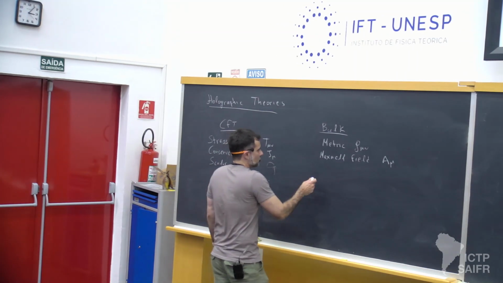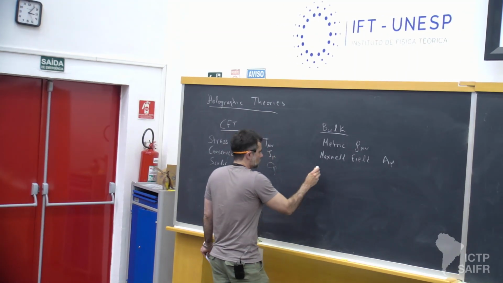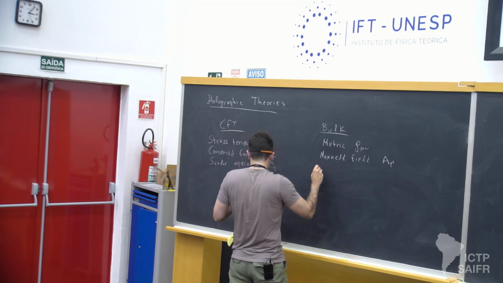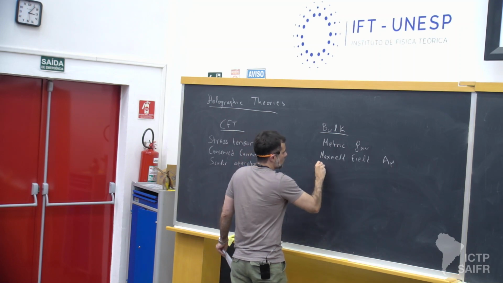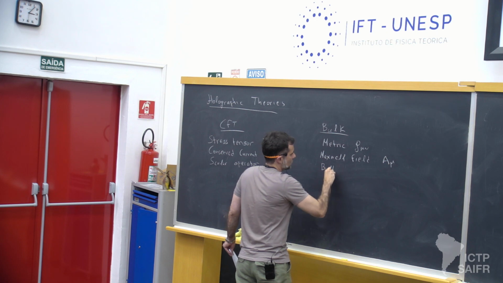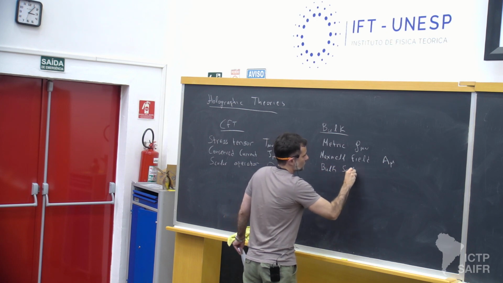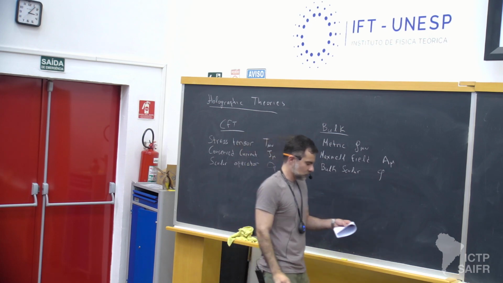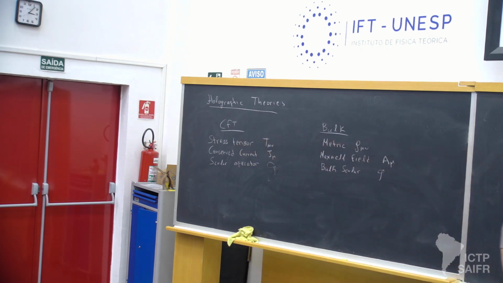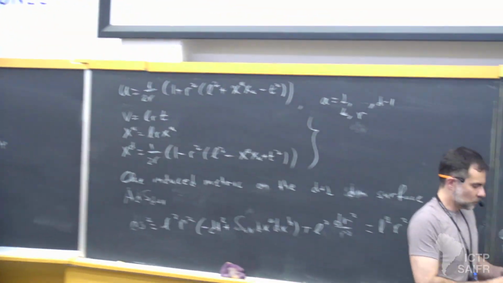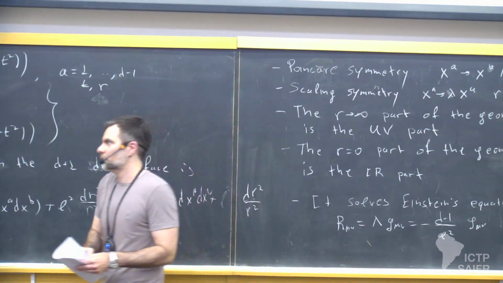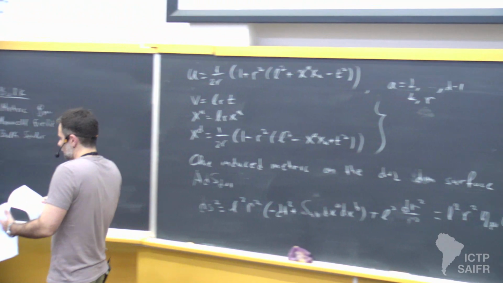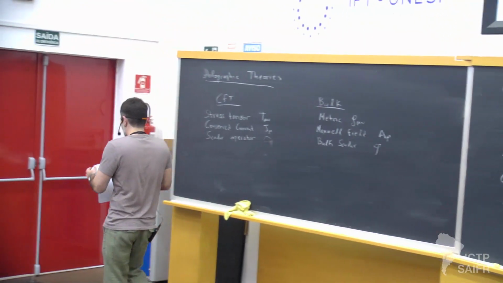And scalar operators from the boundary point of view are going to be sourced by the asymptotics of scalars in the bulk and their asymptotic expansion. Okay, so this is the field content of the theories in the bulk that will be of our interest.